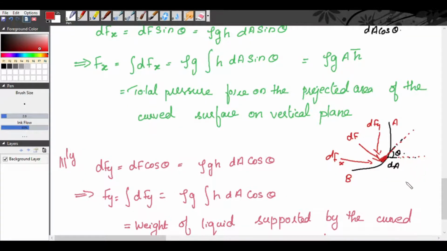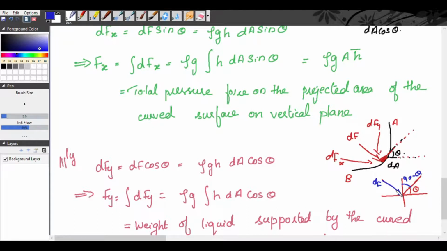Now, this is theta. Our force dF is acting normal to the surface. So if this is theta, this is 90 minus theta.